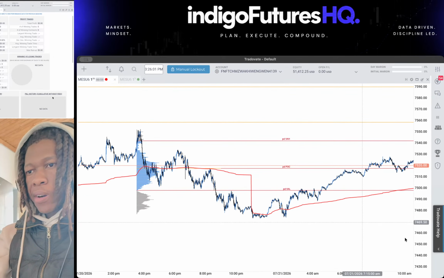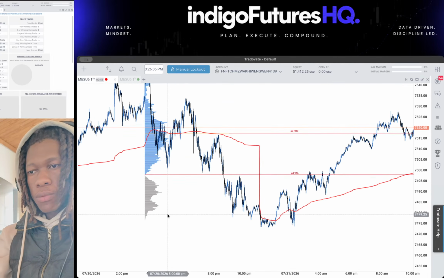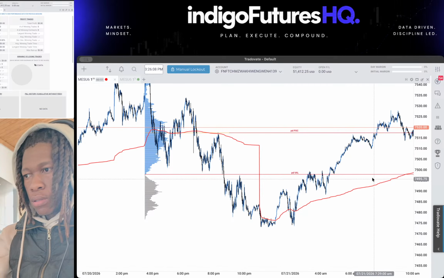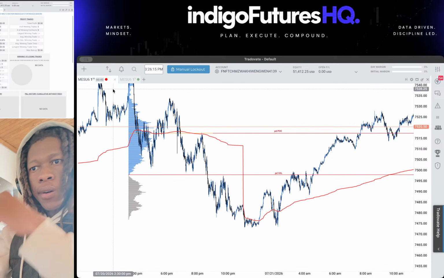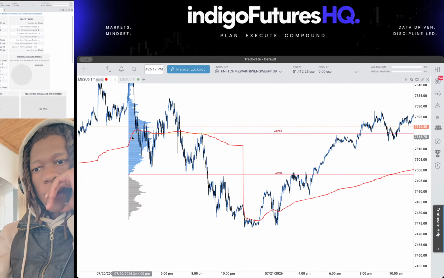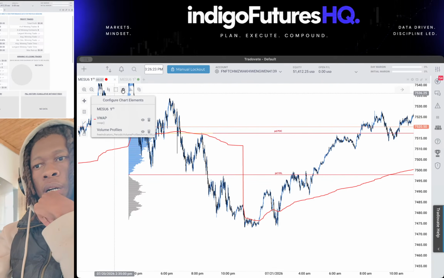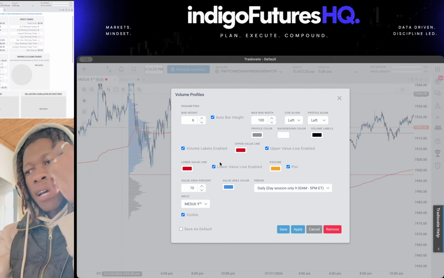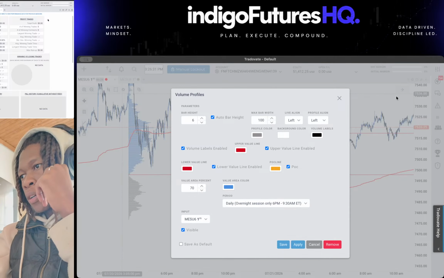But yeah, let's mark out right now, but we can wait a little. What we need to do is not mark out our overnight right now, but just have the volume profile on, and then we'll mark that out at the open.